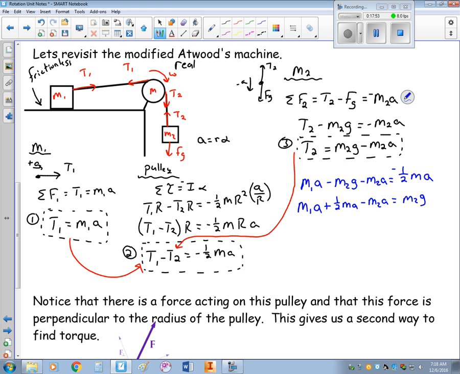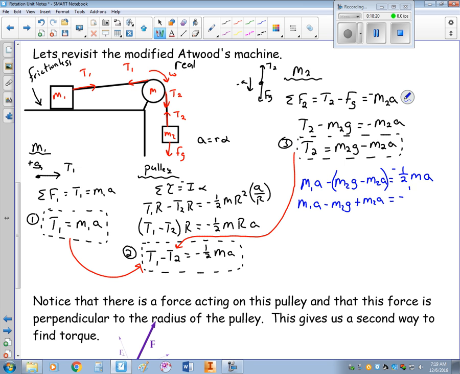Ooh, and I think I made one tiny mistake. Let me back up just 1 second here. This was minus T2. So I should have this in parentheses. What that does is makes it M1A minus M2G plus M2A.